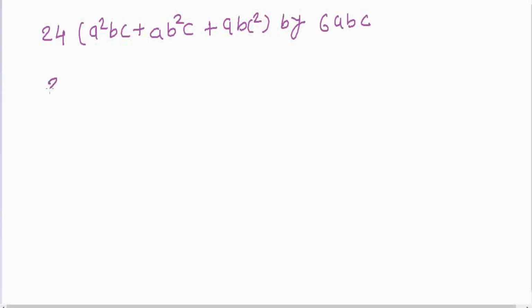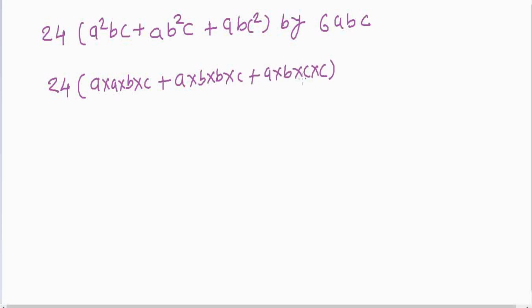It is like this: 24 into a into a into b into c plus a into b into b into c plus a into b into c into c, divided by 6abc.